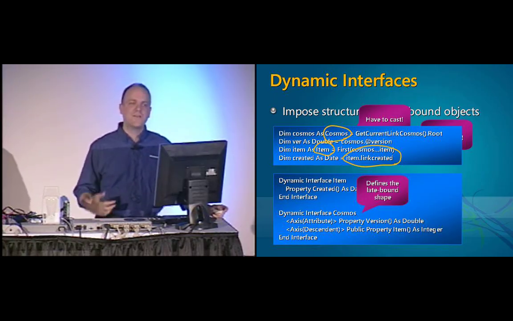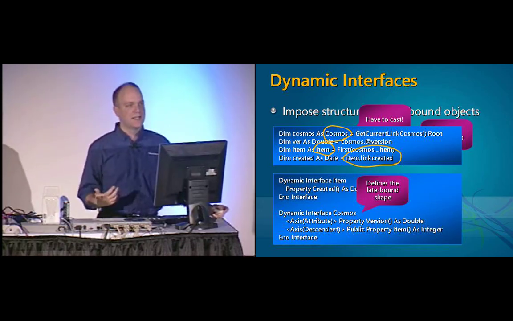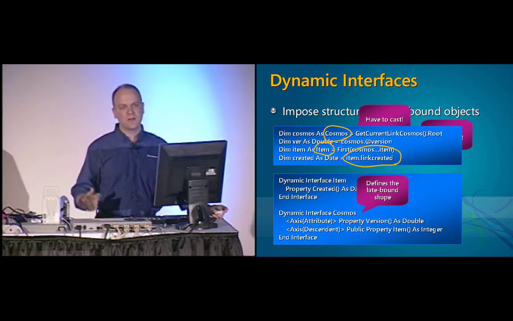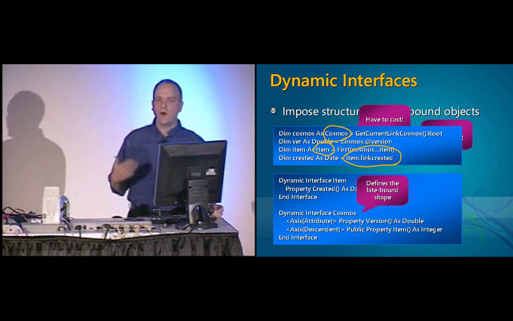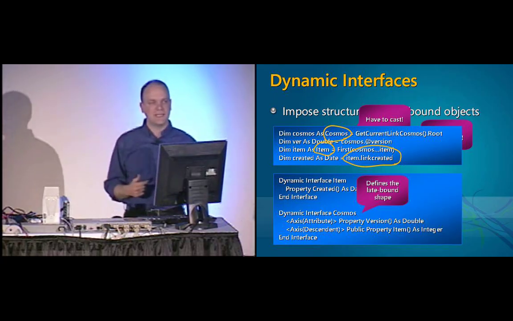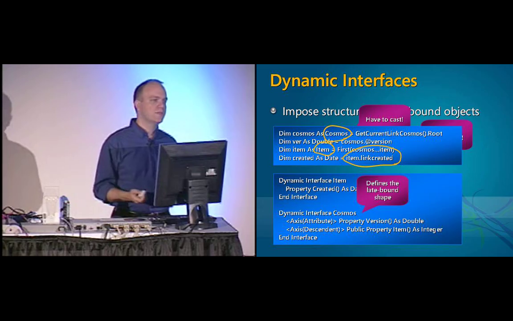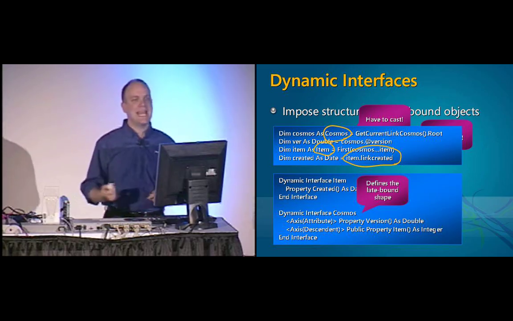Now, if I happen to know it's there, that's great. I don't have to worry too much about that. And in a lot of cases, you'll know what the structure is. But what if you don't? What if you want a little more help? You want to type less, you want fewer casts, and you want more IntelliSense. What we're doing is working on the concept of a dynamic interface.